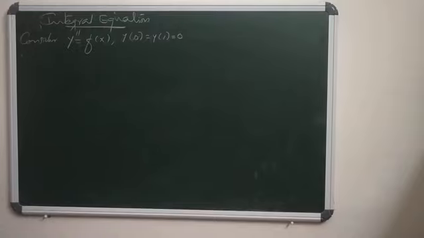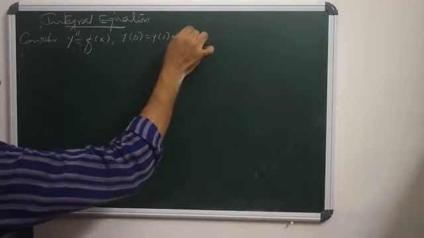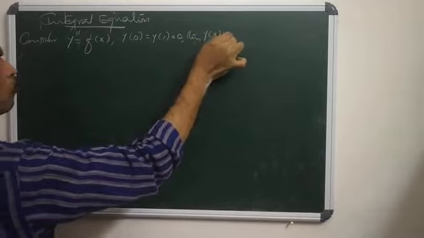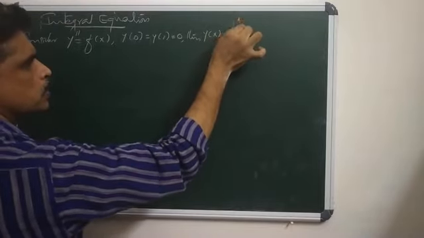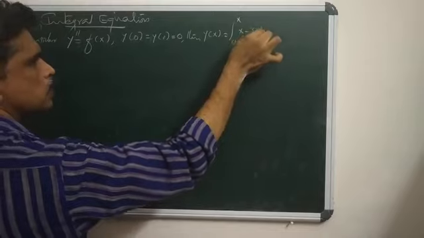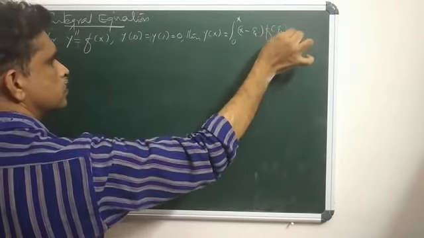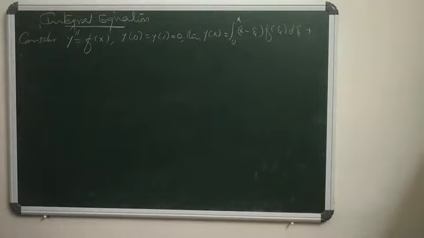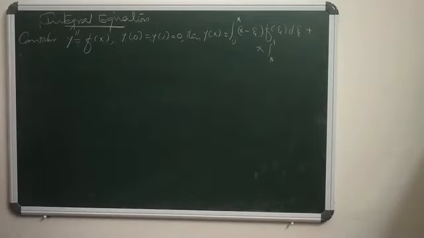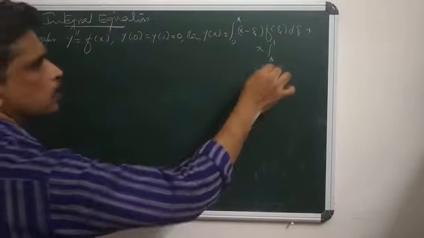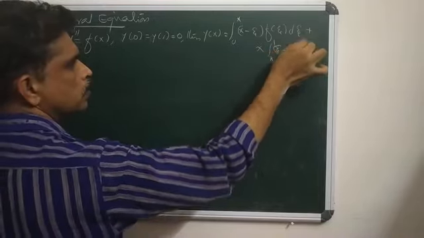Then prove that y of x equals integral 0 to x of x minus theta f of theta d theta plus x into integral x to 1 of theta minus 1 f of theta d theta.